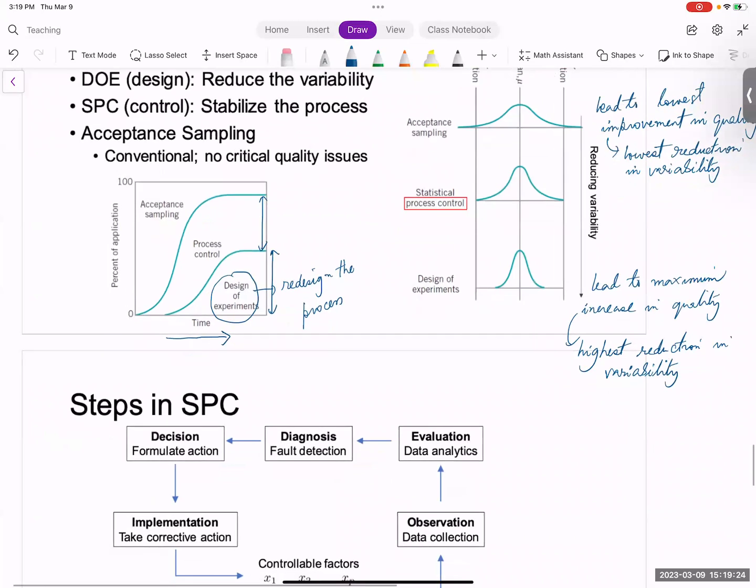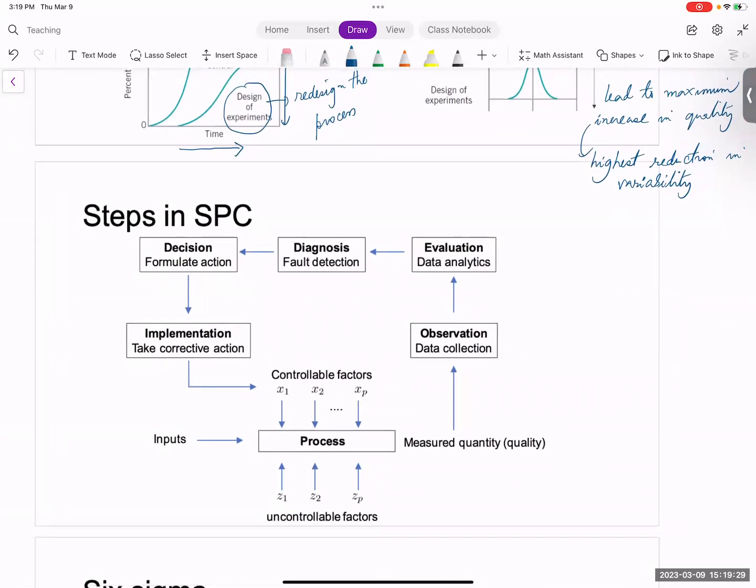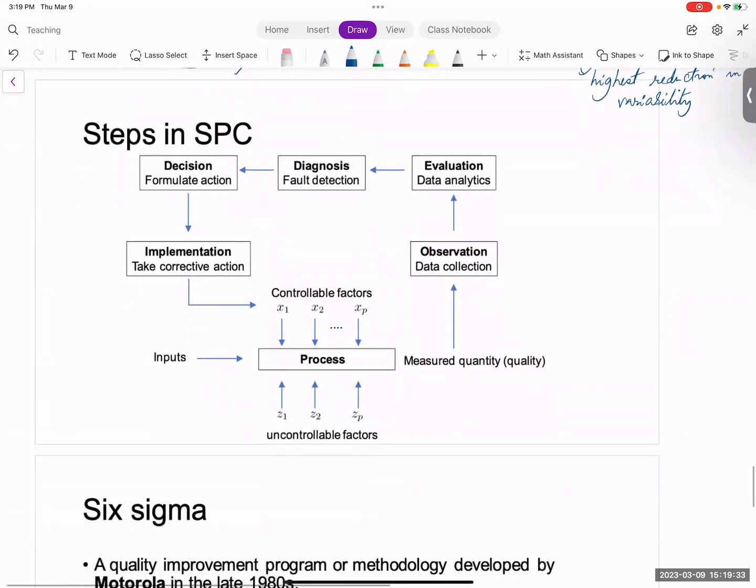Okay, so just to close this chapter, a couple more things, just to bring everything back into perspective. In statistical process control, you would typically start with certain input factors. Whenever you think about the process, think about the inputs to your process. You have certain controllable factors, you have certain uncontrollable factors. You measure the quality, you collect some data, do data analysis. This is where we do control charts evaluation.